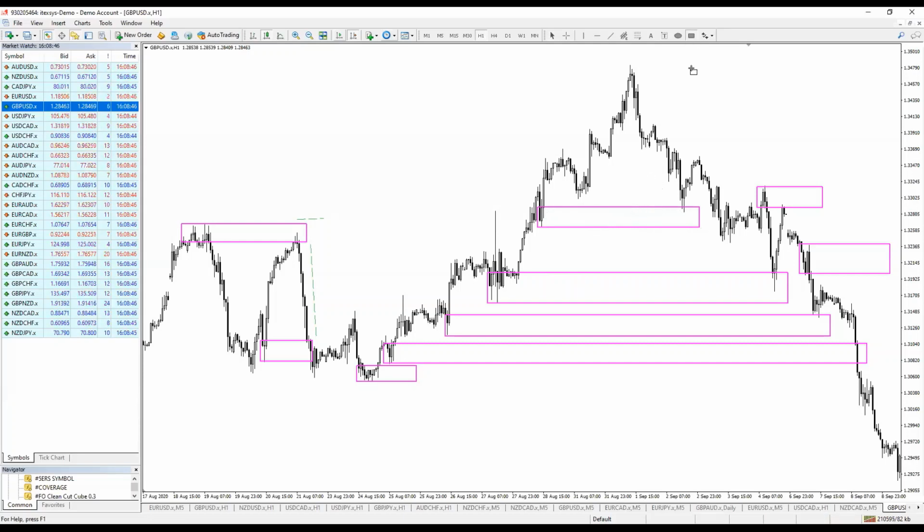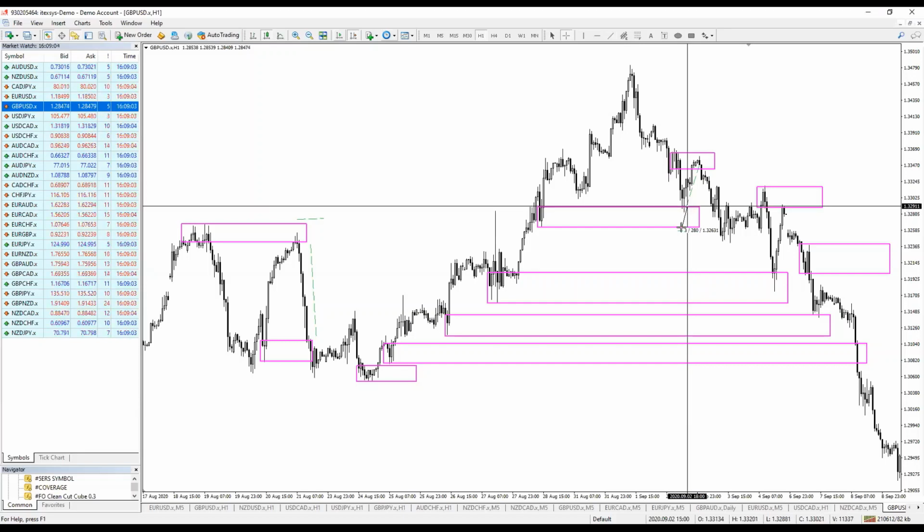The next supply is right here, so let's react and go to supply, and so your trade would be from buying to selling on here, and your stop loss would be here. So that would be let's say 30 pips risk versus 50 pips profit. So this is how you time your target.